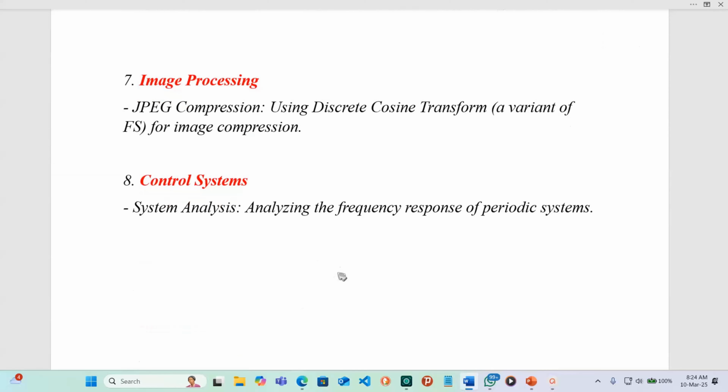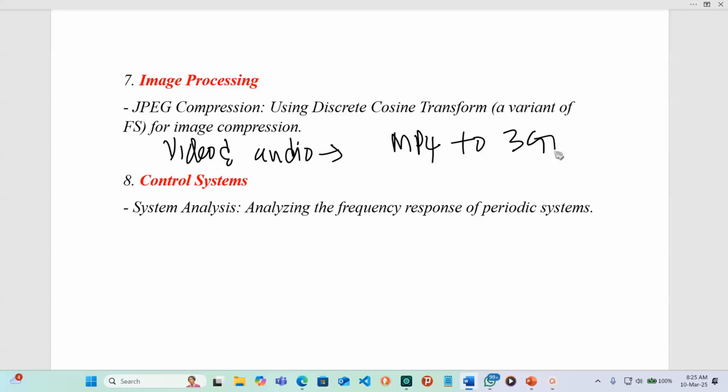So in image processing, we look at JPEG compression using discrete cosine transform. That is a variant of Fourier series for image compression. You could be changing also, even in video and audio processing, where you compress a video from one form to the other. For example, changing from MP4 to maybe 3GP, so that you are able to have this video visible on some small analog phones.